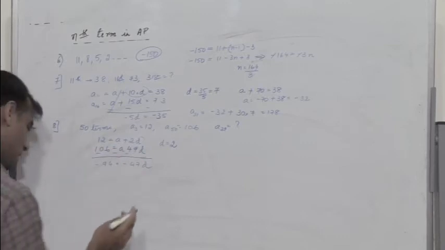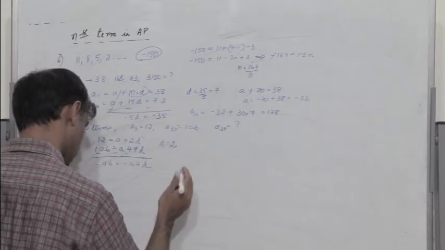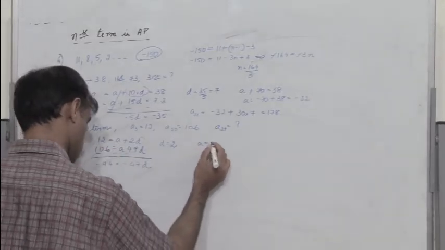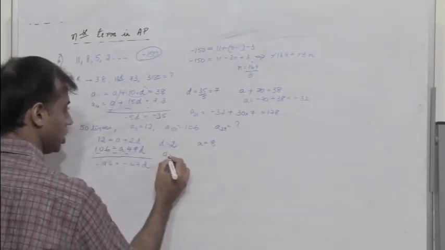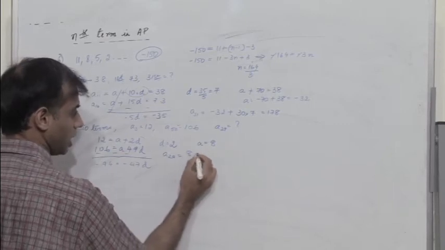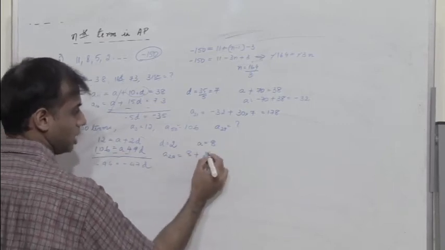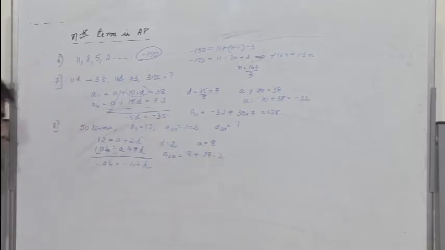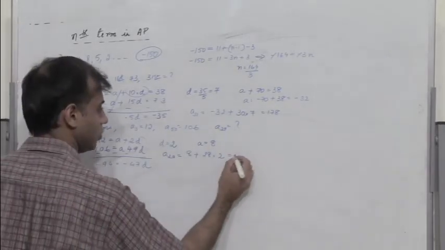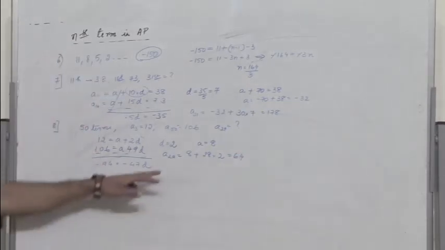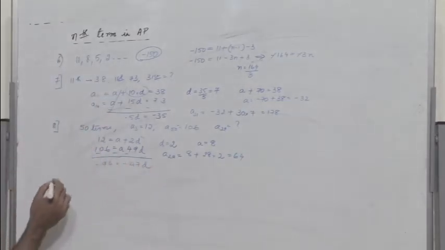So the value of A is 8. So therefore A29 is A plus n minus 1, which is 28, into D, which is 2. So 28 into 2 plus 8 gives us 64. So that's the answer for the 8th problem.